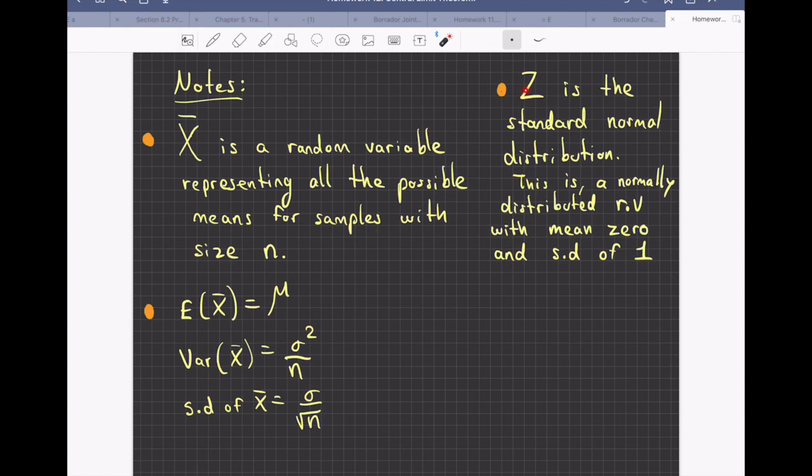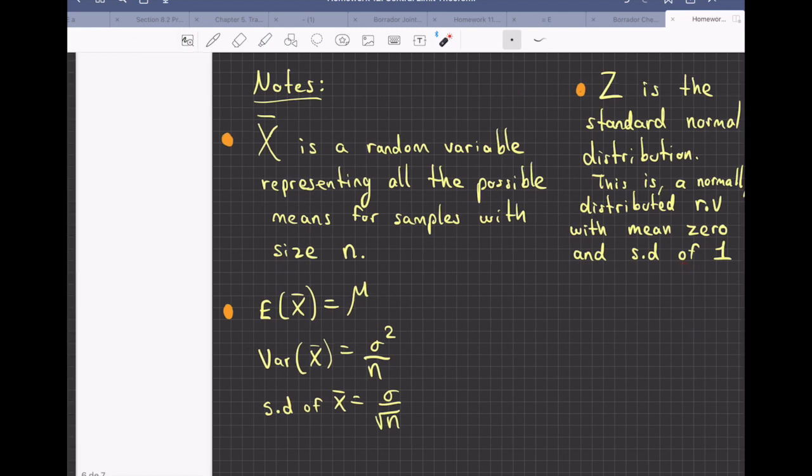C is a standard normal. It has the standard normal distribution. The standard normal distribution is a random variable with a normal distribution, but the mean is 0 and the standard deviation is 1. So what are we saying here?